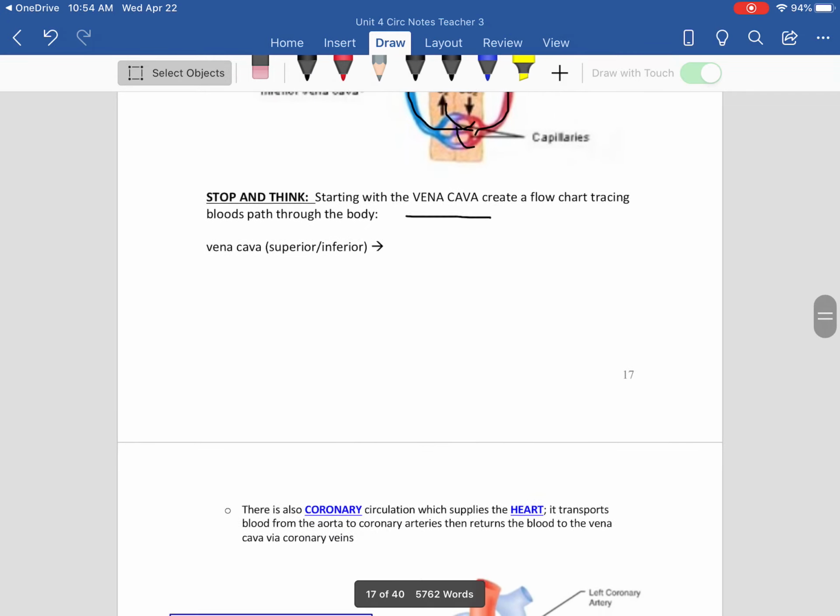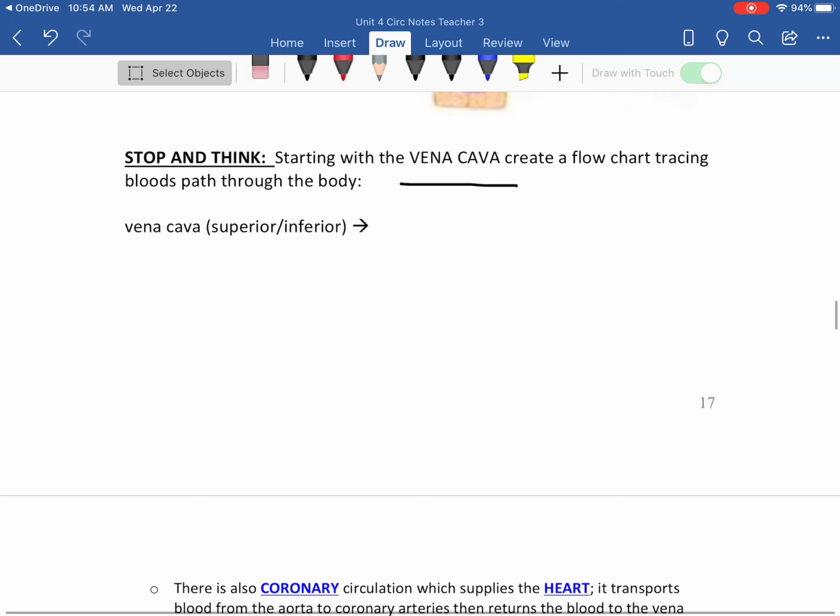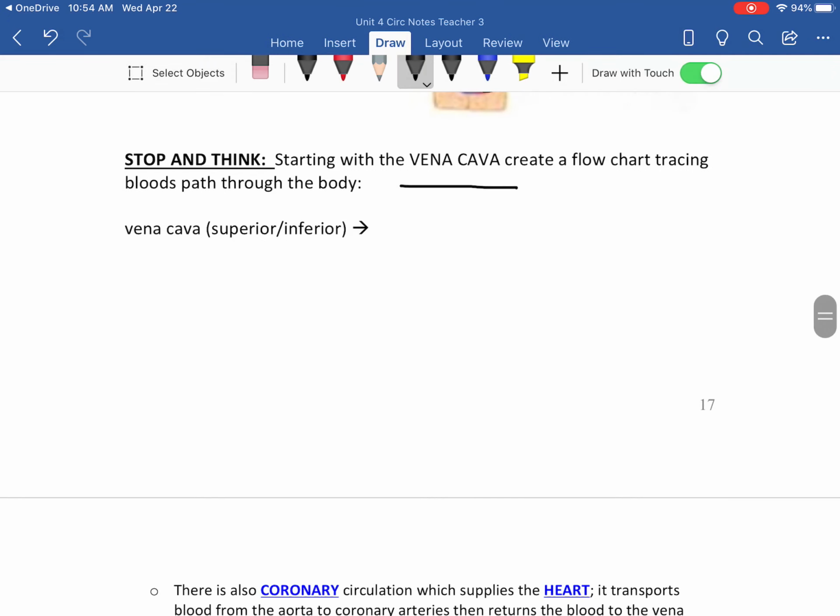So let's just write that out in words. I'm going to do my best here to write as neat as possible. We all know that goes badly. Let's walk through all of the structures. If we were to start with the vena cava, and I'm going to shorthand a couple of things. Deoxygenated blood gets dumped into the right atrium.